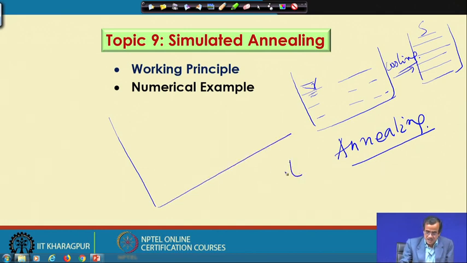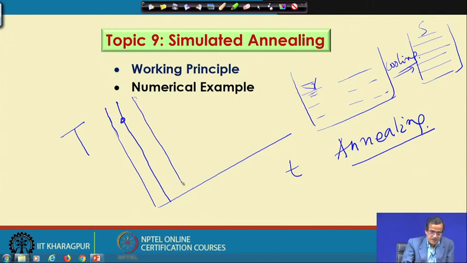Now, if I see the iterations of this simulated annealing, this is, say, the number of iterations, and this is the temperature of the molten metal. Initially, the temperature of the molten metal could be here. In the next iteration what we do is we try to reduce the temperature to 50%, so it will be here.